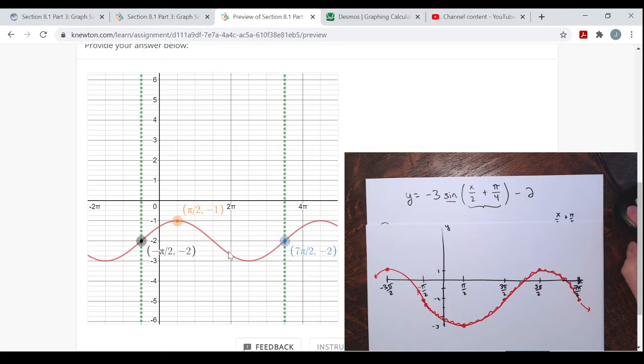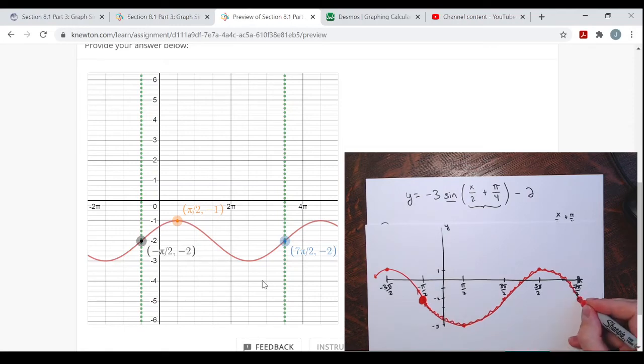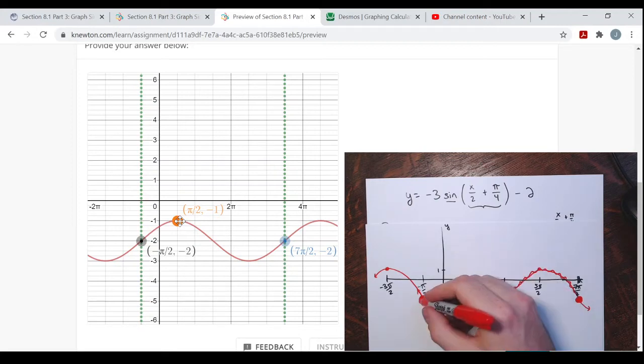Right. This one cycle, the distance between these green dotted lines is 4 pi. So again, I put that black dot here at negative pi over 2, negative 2. I put the blue dot here at 7 pi over 2, negative 2. And now I just need to flip the thing, so I'm going to move this yellow dot. See, the hill's not going up. It's going down. It's flipped.